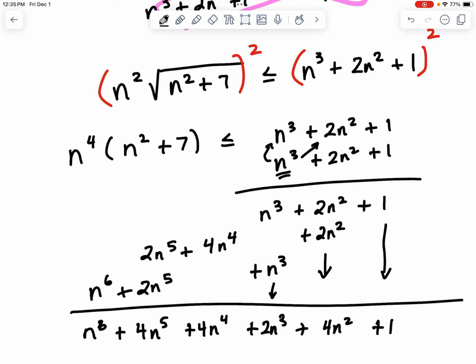And keep in mind, all of that was on the right side of the inequality. On the left side of the inequality, we have n to the 6th plus 7n to the 4th.